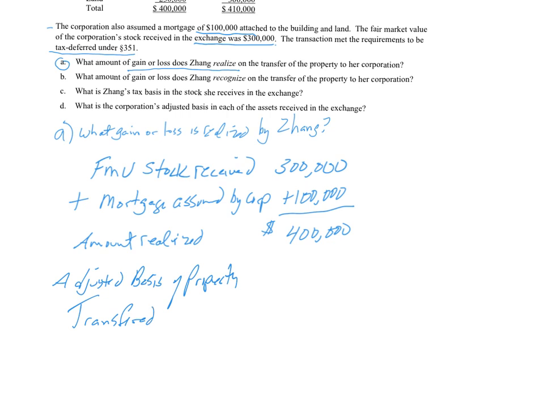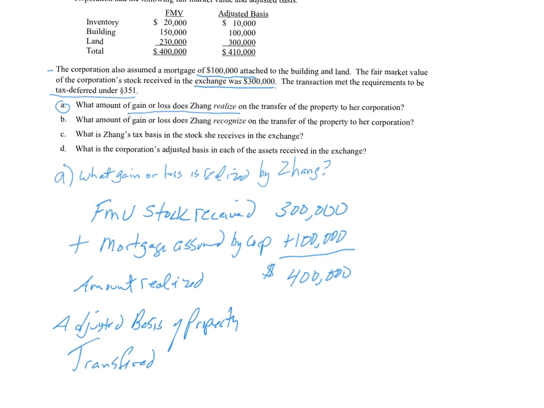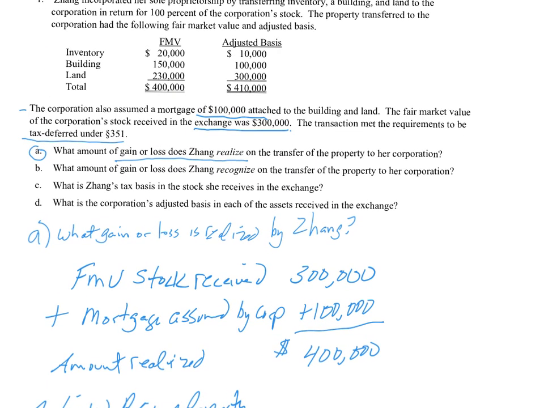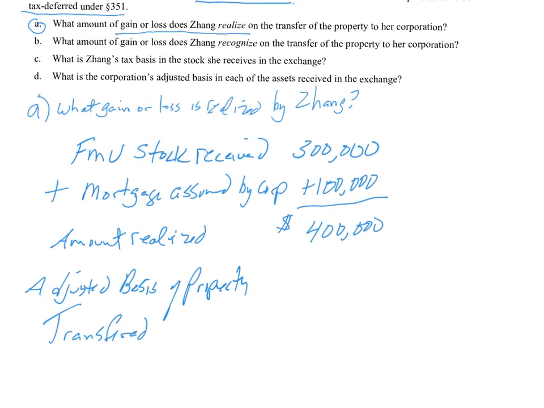Okay, and what was the adjusted basis of our property that was transferred? Well, if we go up here and look, what did she transfer? She transferred inventory, she transferred building, she transferred land, and our total adjusted basis is this $410,000.